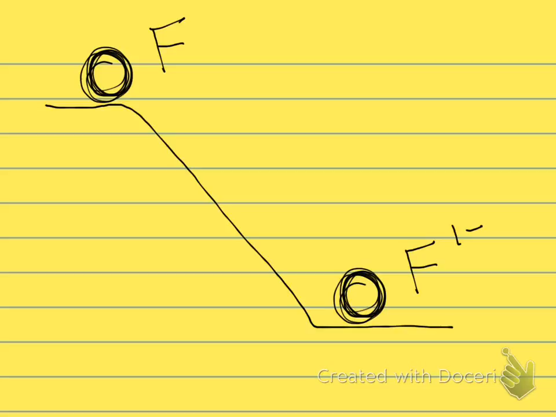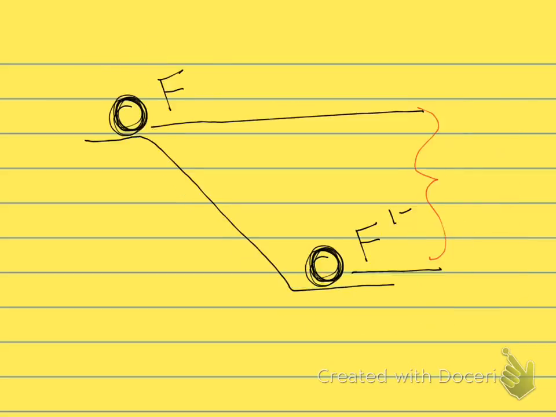If we think about this hill as an amount of energy, the difference between this amount of energy and this amount of energy, that difference, and I'm going to have to shrink this so I can write a little bit more.